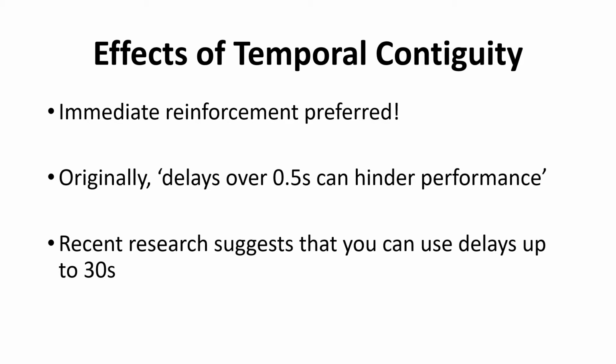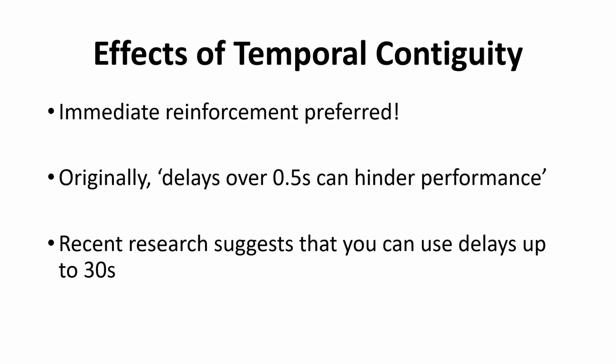Originally, the common rule was that any kind of delay of more than half a second can hinder performance or hinder learning. So you would want to have very, very immediate responding, very immediate consequences or reinforcers presented, because you wanted to make sure that the animal knew that the response was immediately tied to that consequence.